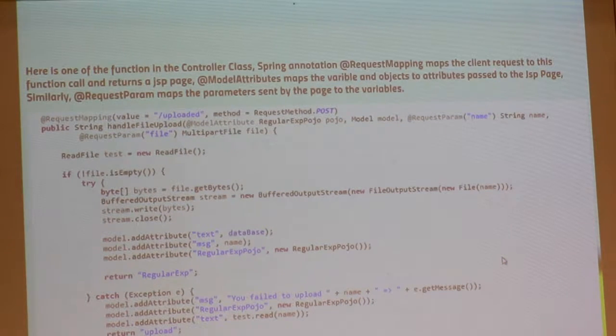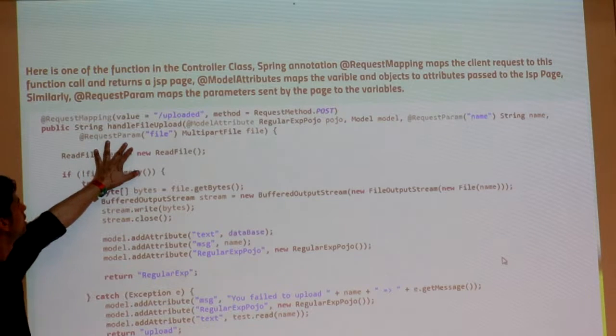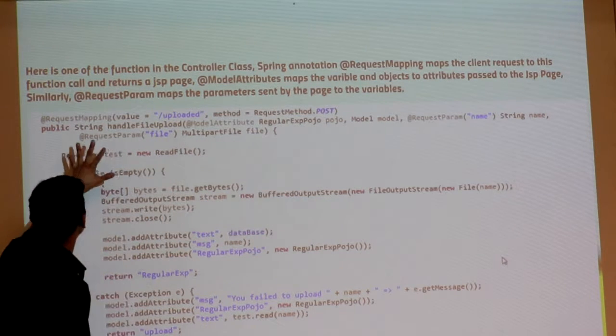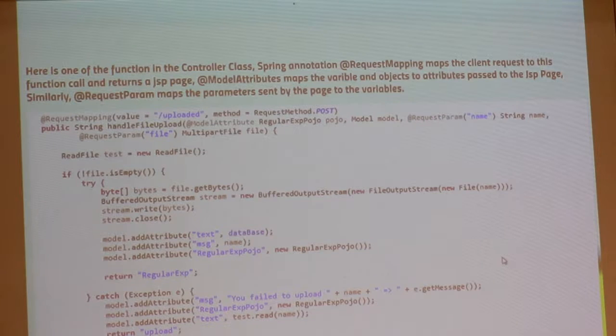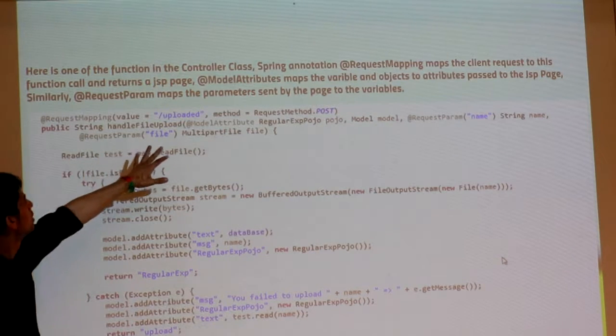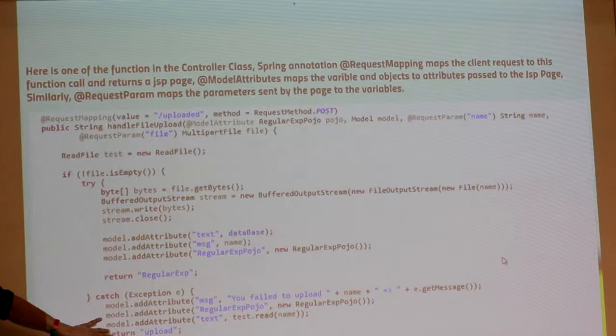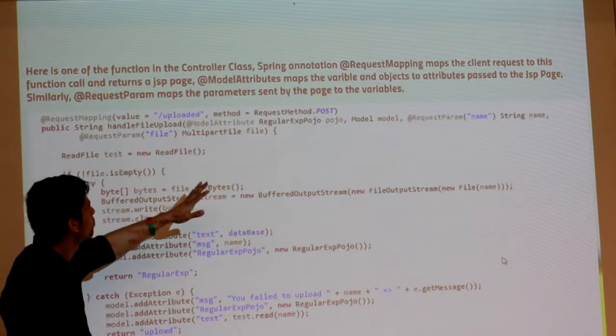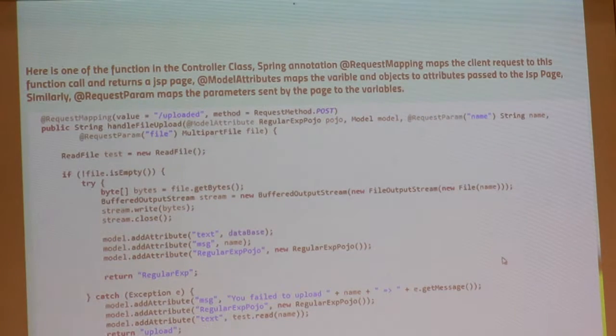Here are the request mapping, request param, and model attributes. If you notice all these annotations, that is actually the driving force of this class. That is what makes it a servlet class. By mapping the request, we are handling the request coming to the application, and it will match the value and check which page to return, and then it can also pass a variable back and forth from page to servlet, servlet to page.